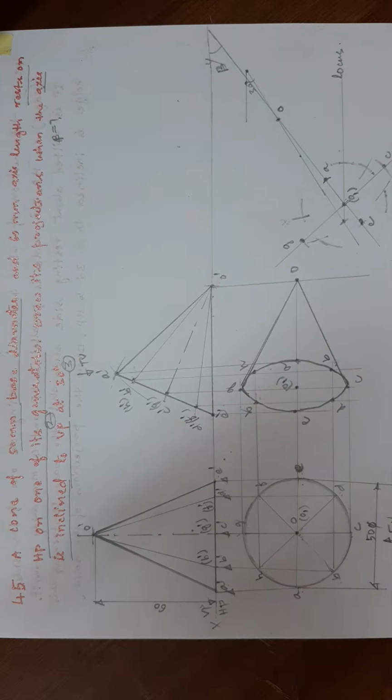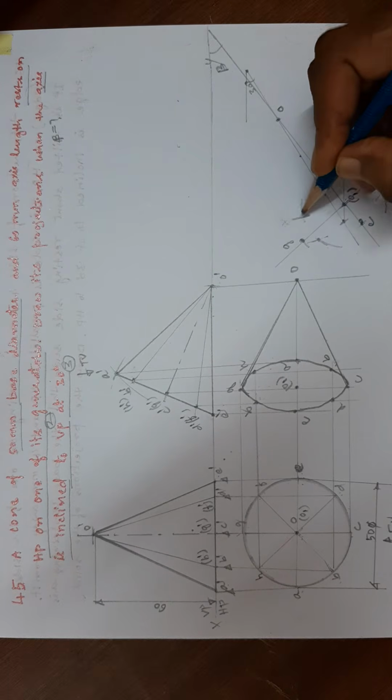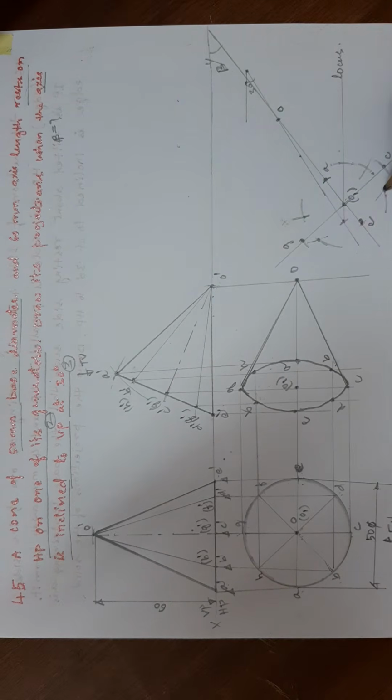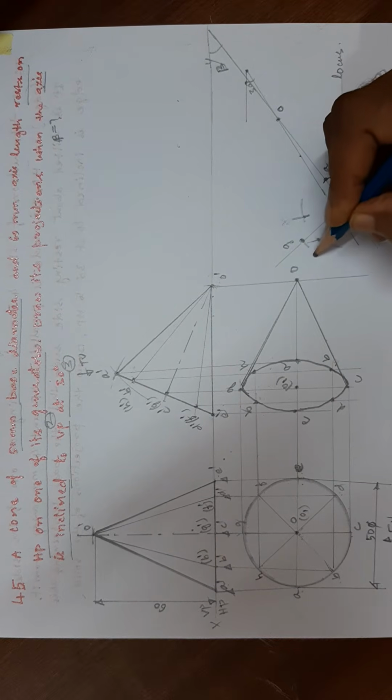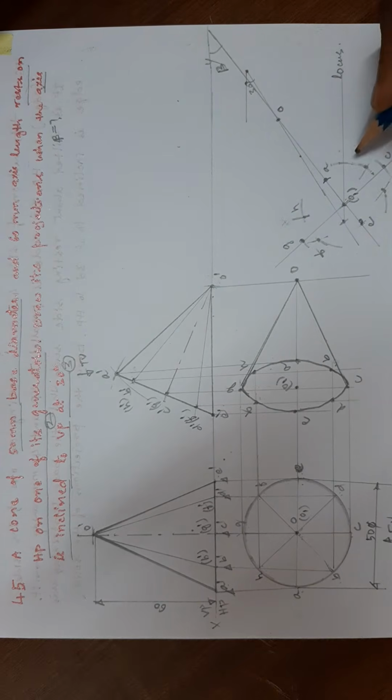By the compass method, you will get all the points. Here one point, here one more point. Now this point is F, this point is H, this point is B, and this point is D. All points we got.